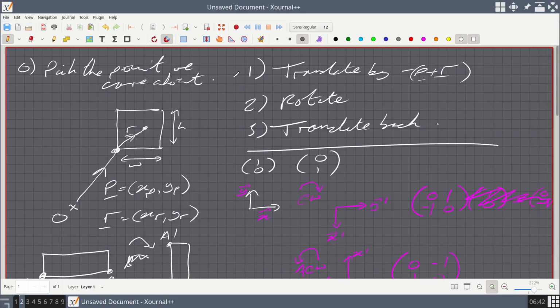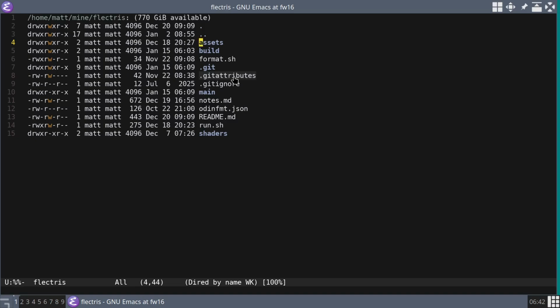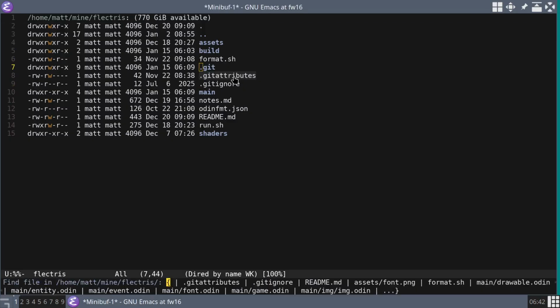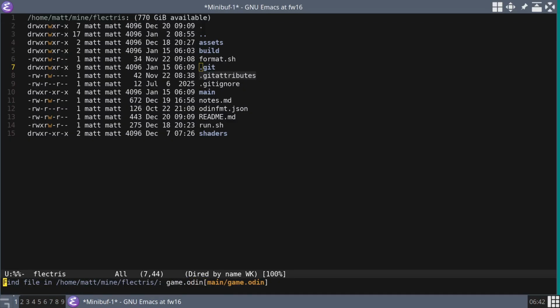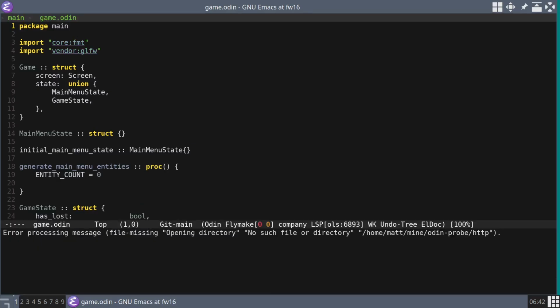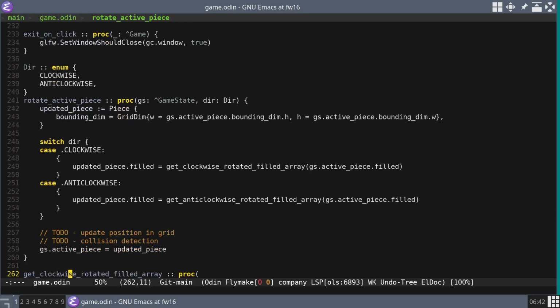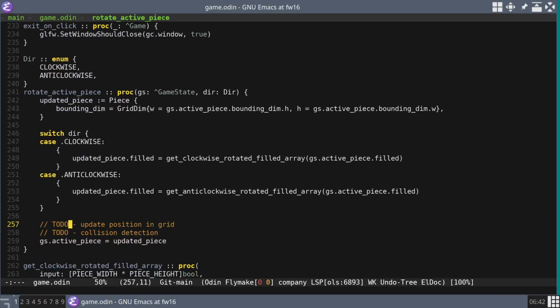I can't remember where this lived though, so let's see. It's probably in game. Of concerning looking warnings. There we go. So this is where I think I got to before, I don't know, my brain just stopped working.